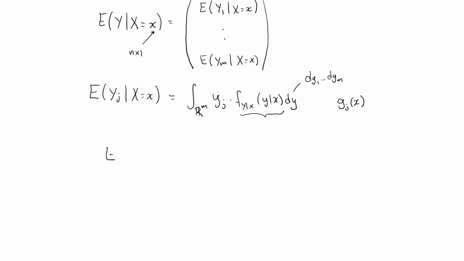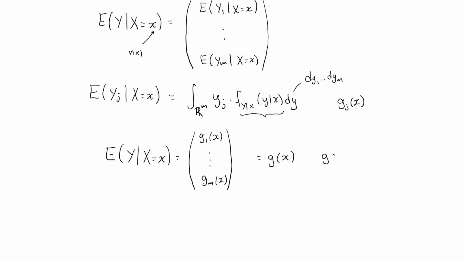So the conditional expectation of the random vector y conditionally on the random vector x is g1 of x to gm of x, which we can combine into one function, g of x, where g is now a function from R^n, we feed n variables to it, into R^m, it returns m numbers.